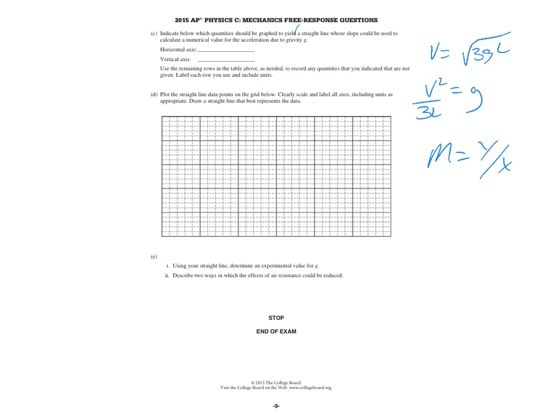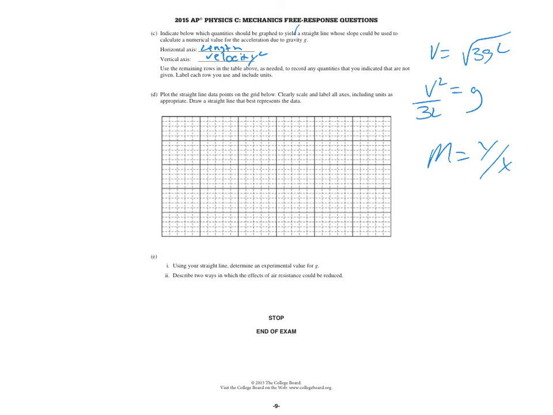On the horizontal axis, you would put length, and on the vertical axis, you would put the velocity squared, and you would be able to get the slope. The slope would give you something that would resemble gravity.